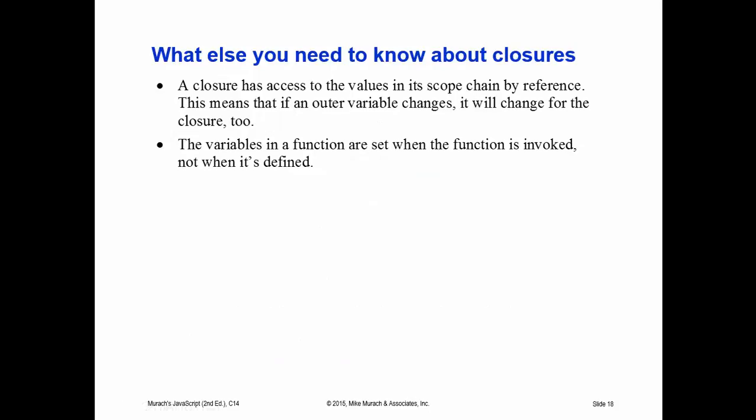First, the closure has access to the values in its scope chain by reference. What this means is if the value of an outer variable changes, then its value will change in the inner function as well. Second, the values of the variables in a function are determined when the function is invoked, not when it's defined.